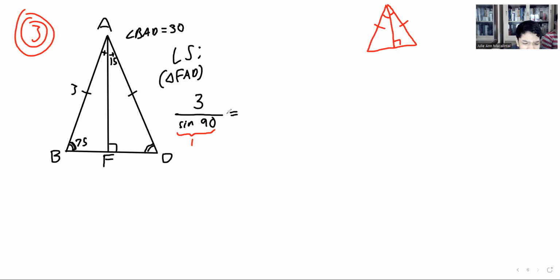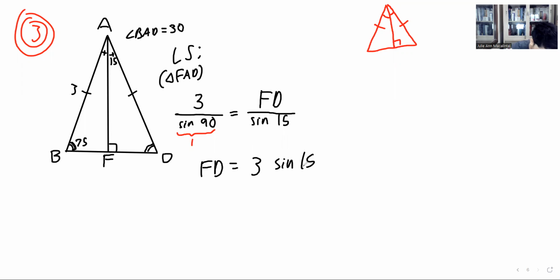So FB over sine 15. Oh, we did not use sine 15 earlier yet, so you can isolate FD: 3 times sine 15. What is sine 15 exactly?